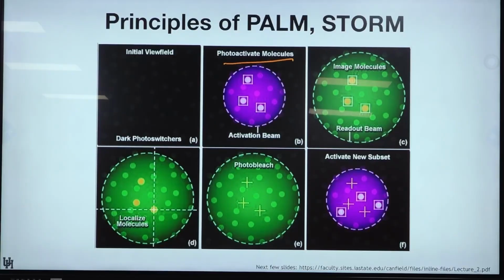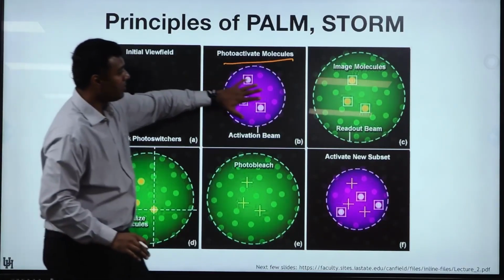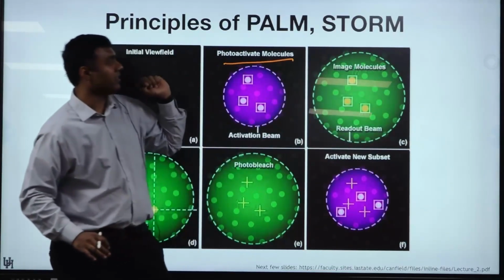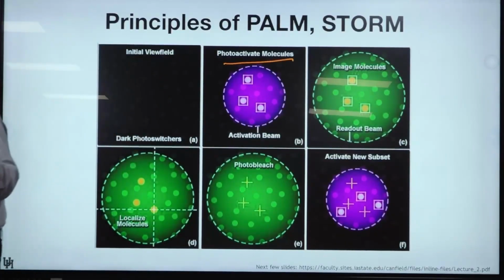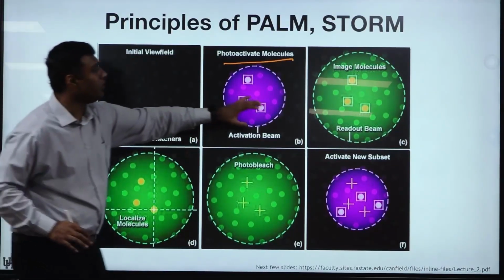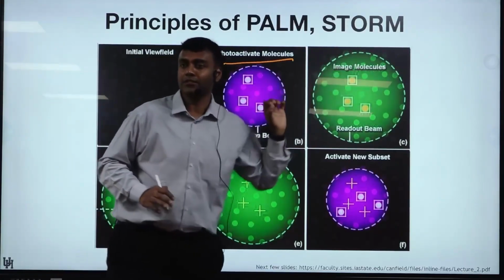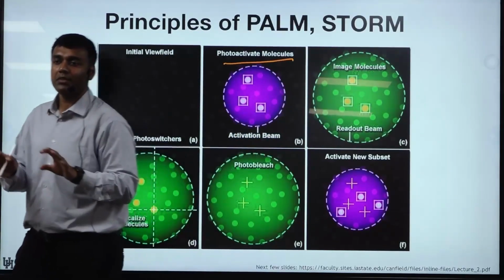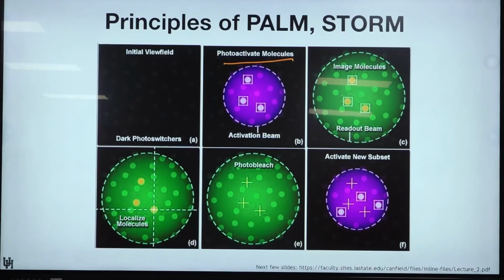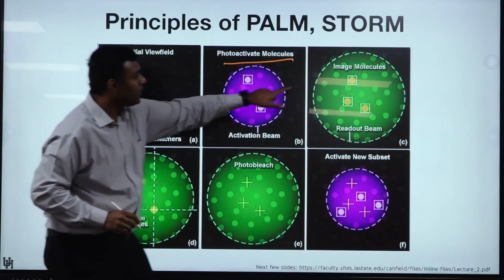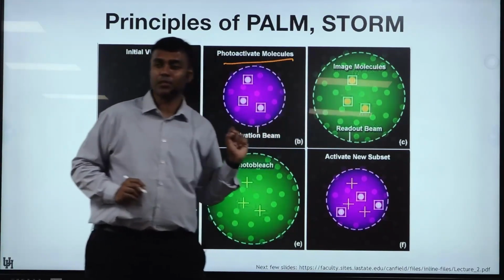And now you use a camera and take a picture. You get an image of these molecules. If they are very few and scattered far away, and you can ensure that within one area there is only one emitter, then you can find the center of this very precisely, center of this precisely, center of this precisely.